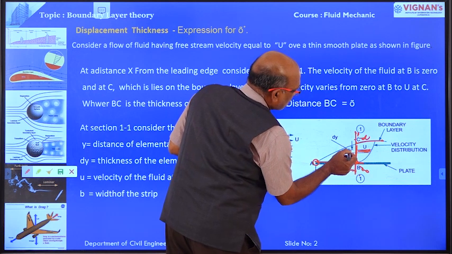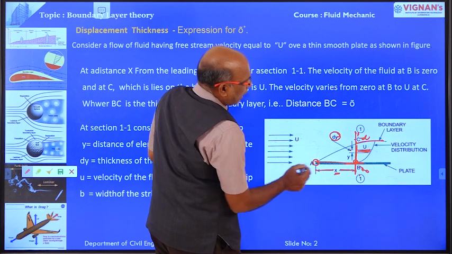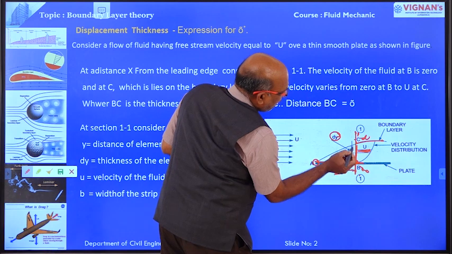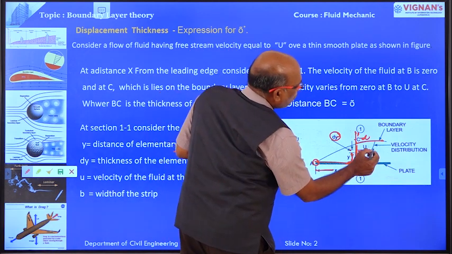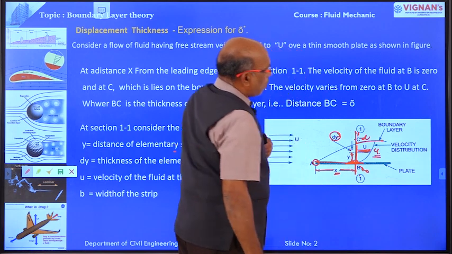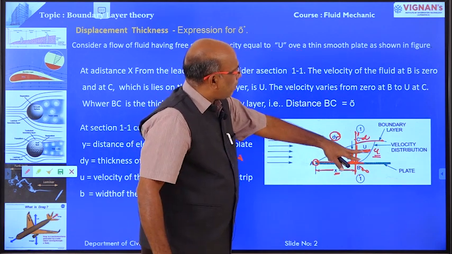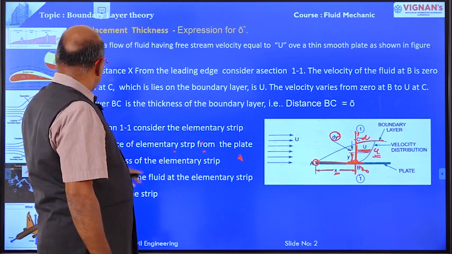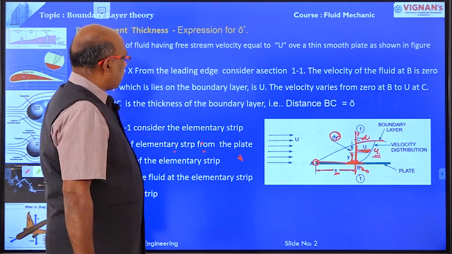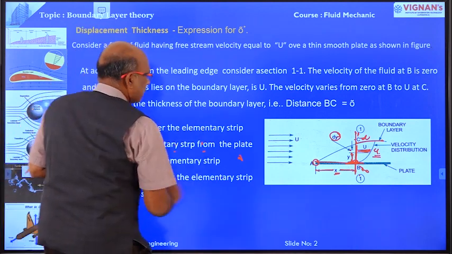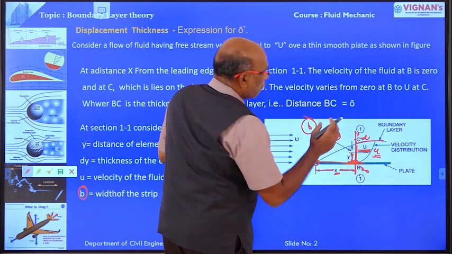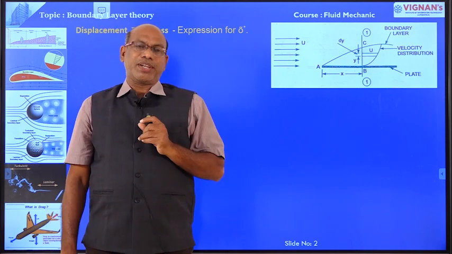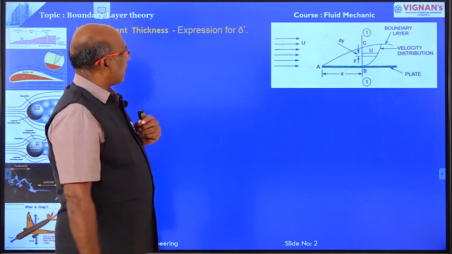The thickness of the elementary strip is equal to dy, y is the distance from the boundary, small u is the velocity of the flow over the elementary strip, right. y is the distance of the elementary strip, dy is the thickness of the elementary strip, u is the velocity of the fluid at the elementary strip, and small b is the width of the elementary strip, right. Now we are going to derive the equation for the displacement thickness, right.